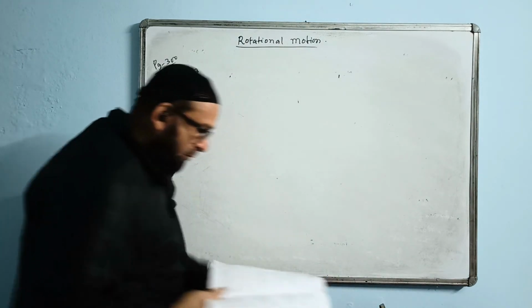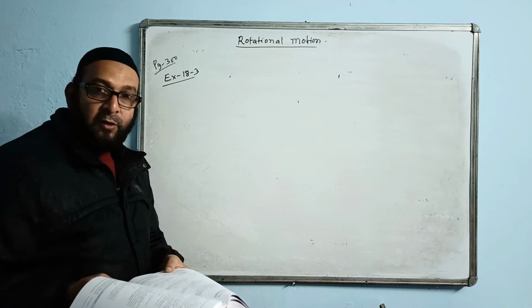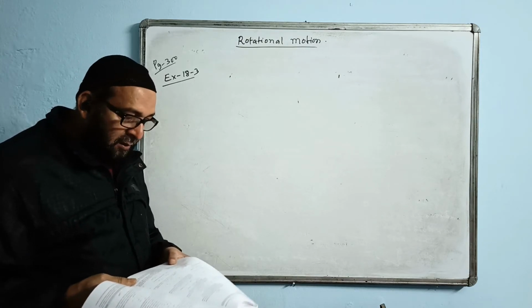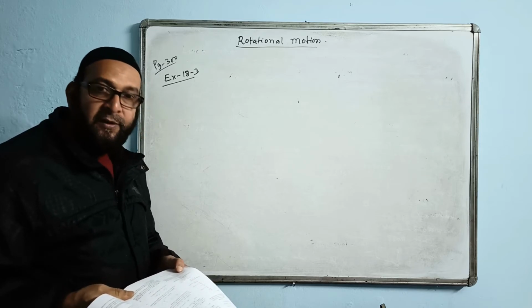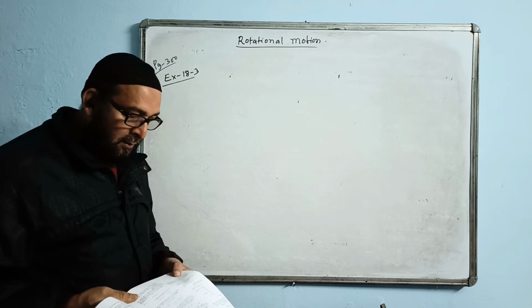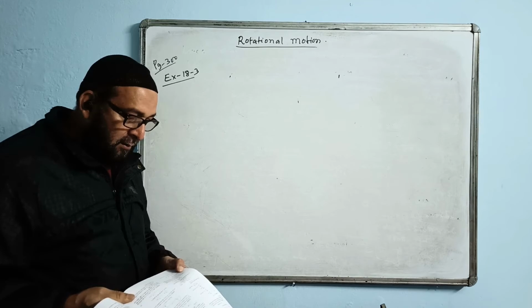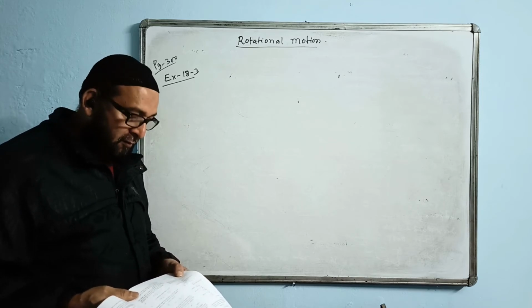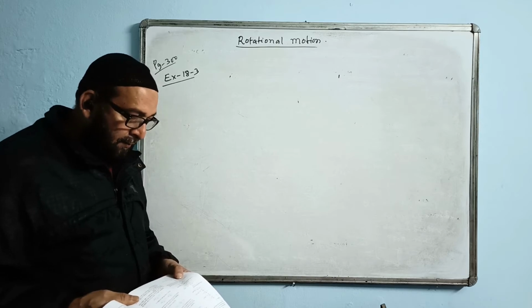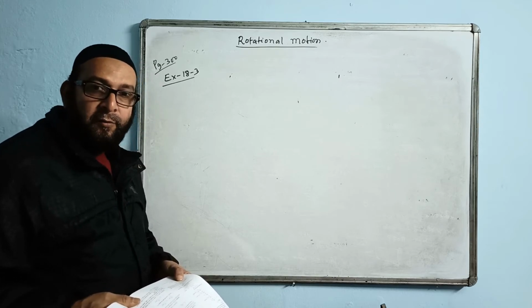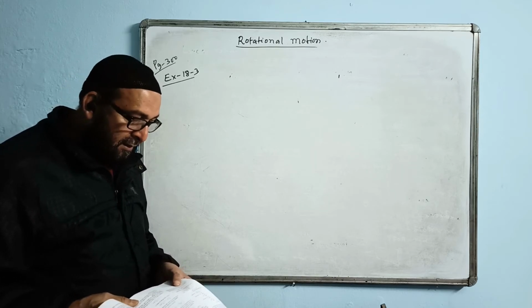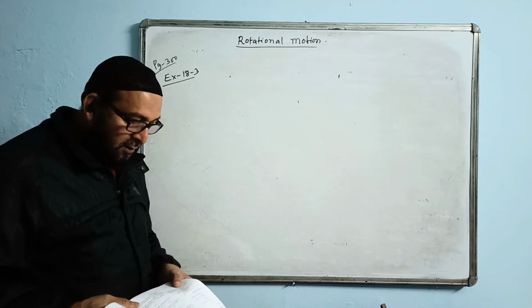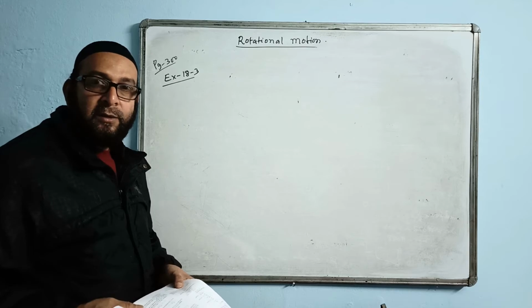Now I read the question. Question says a constant torque turns a wheel through an angle of 40 radian in 2 seconds, starting from rest.